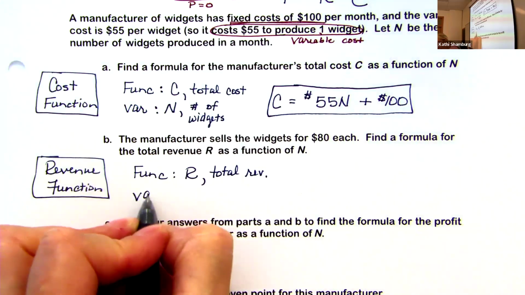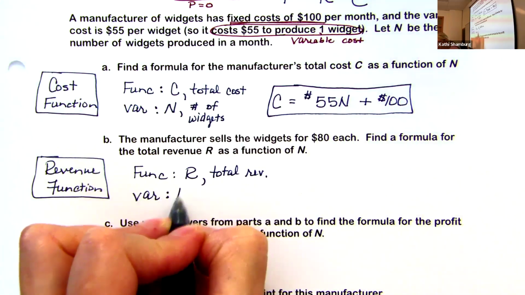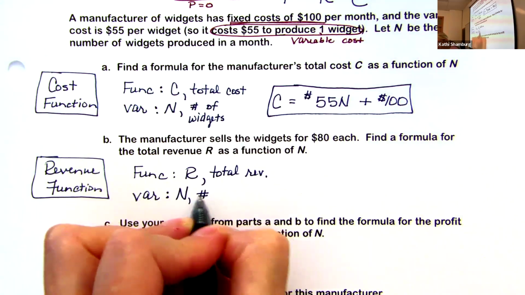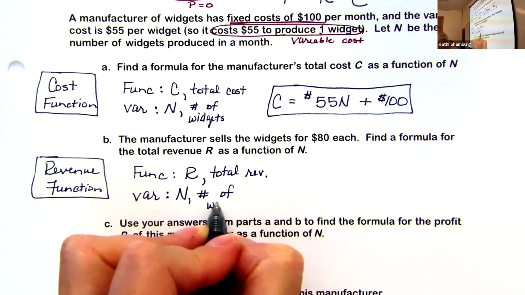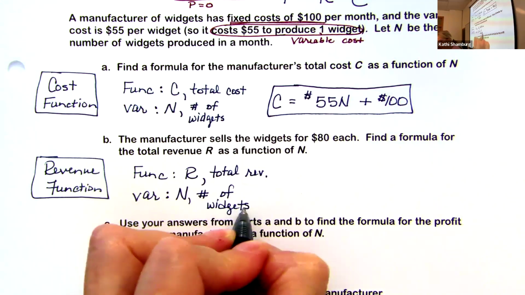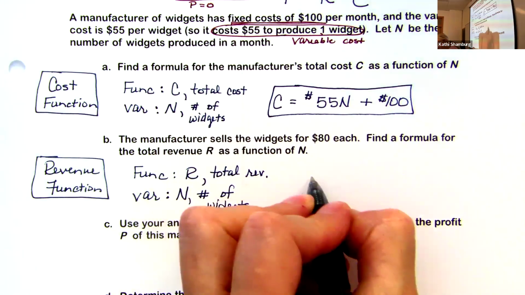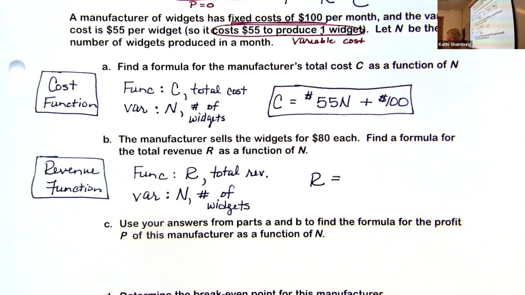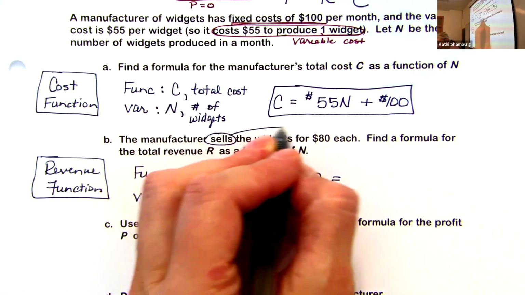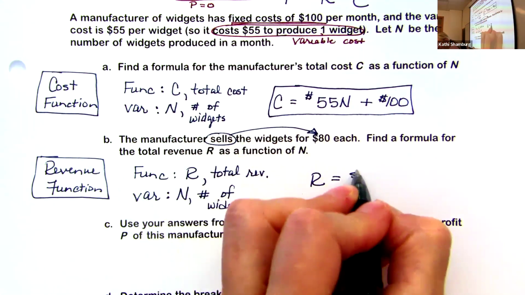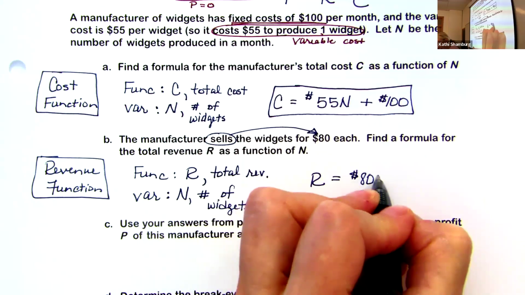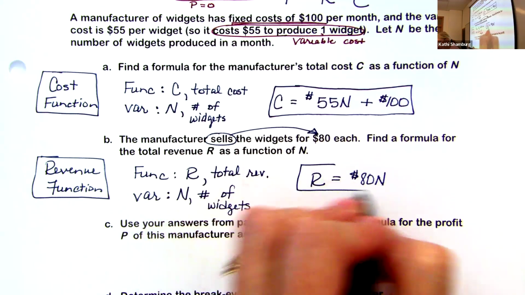Did the variable change? No, it's still the number of widgets. All right, so look up above. We were told that the revenue function R is equal to the selling price. Okay, what is the selling price? Okay, sells for $80. So 80 times N.